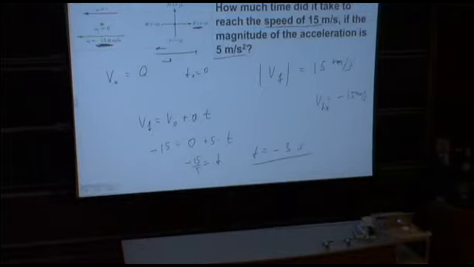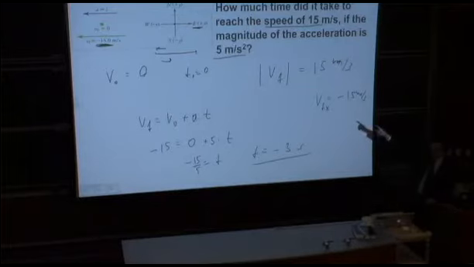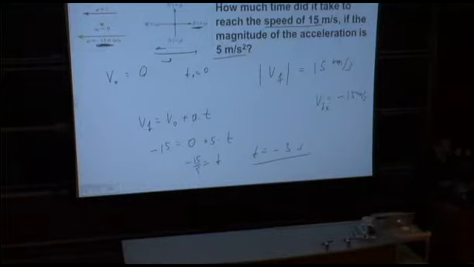Yes? The acceleration is also negative? Of course. The acceleration also must be negative. It says the magnitude of the acceleration is equal to 5 meters per second squared, but the arrow clearly points to the left. So the actual value of the x component of the acceleration, that's what we should use.